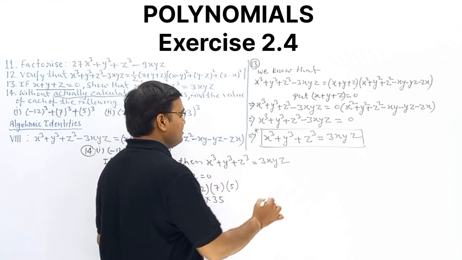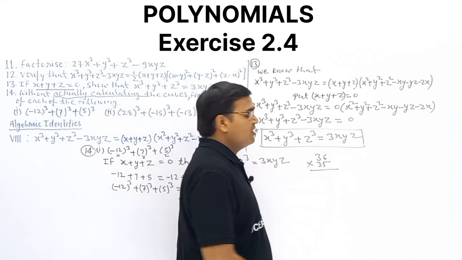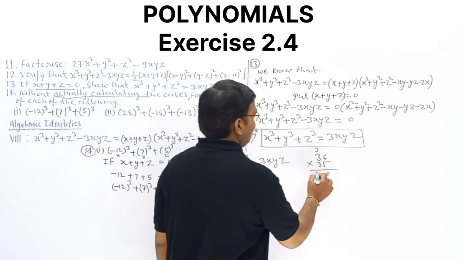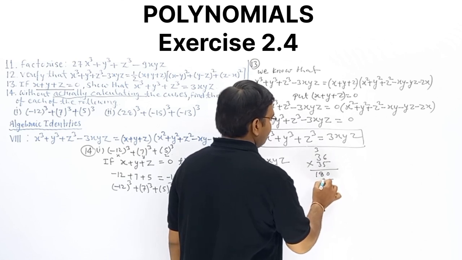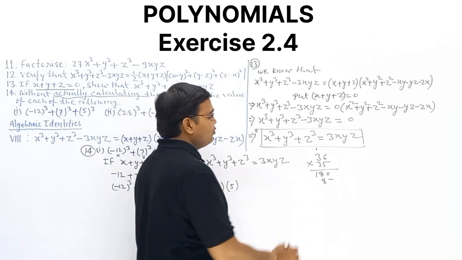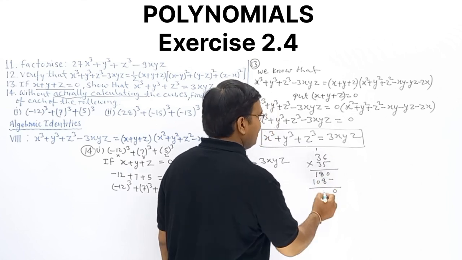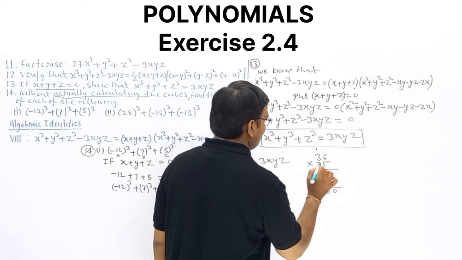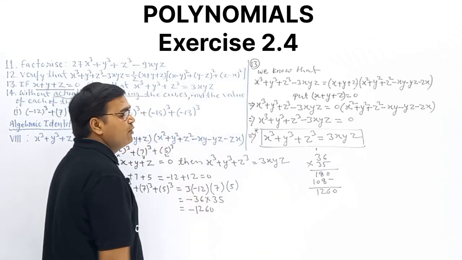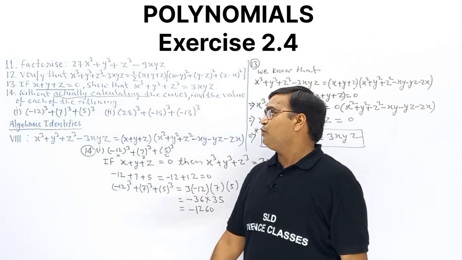We want to multiply 36 and 35. 6 fives are 30, 3 remaining; 5 threes are 15, 15 plus 3 is 18; 6 threes are 18, 1 remaining; 3 threes are 9, 9 plus 1 is 10. Adding all: 0, 8 plus 8 is 16, 1 remaining, 1 plus 1 is 2, and 1. So the product we get is minus 1260, which is the answer of this question, in which we did not solve the cubes.